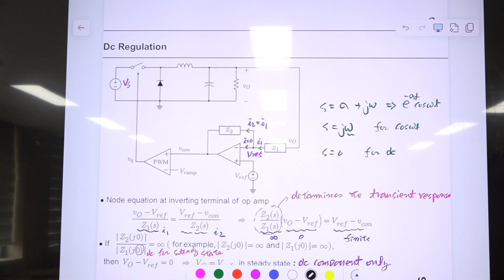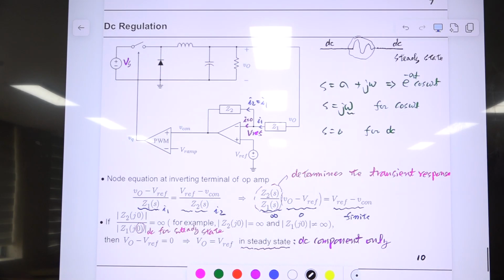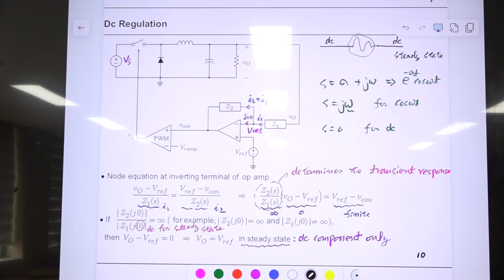Suppose previously it was DC, and due to some disturbance, an AC disturbance comes in. But after some time, all the time-varying components die out, and the remaining quantity is a DC quantity. This is called steady state. Steady state means all the time-varying components die out, and only the DC component remains.